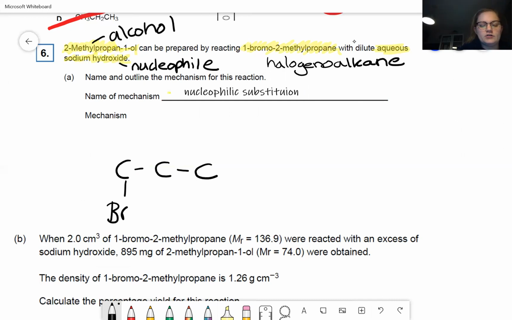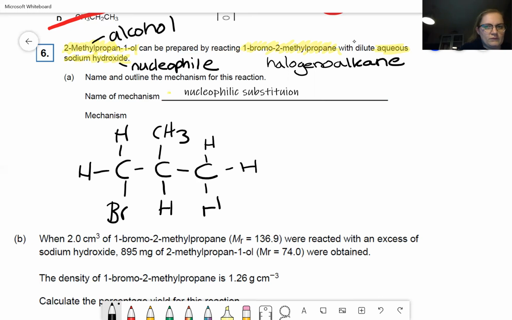Here, 2-methyl propane. There we go. So that's 1-bromo 2-methyl propane.